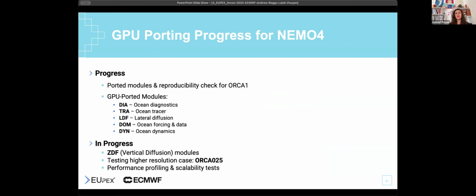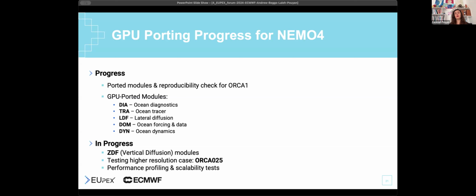Next slide. Yeah, so far we tried to port most of the modules of ocean components like ocean diagnostic, ocean tracer, vertical diffusion, ocean forcing, and ocean dynamics. And we also check the reproducibility of the ported modules to make sure that the results we get for the ported modules on GPU are identical to the CPU version.